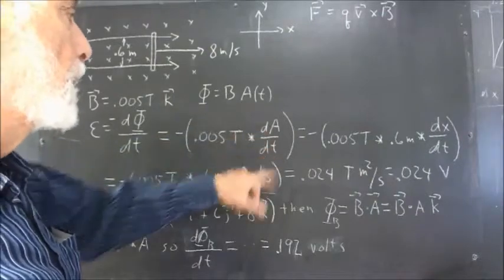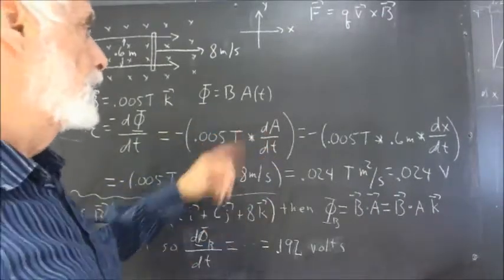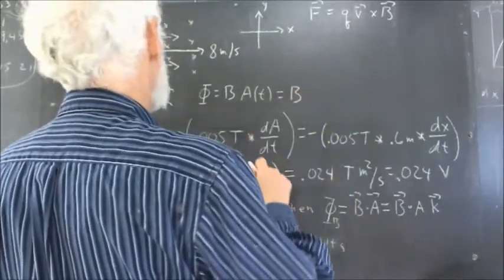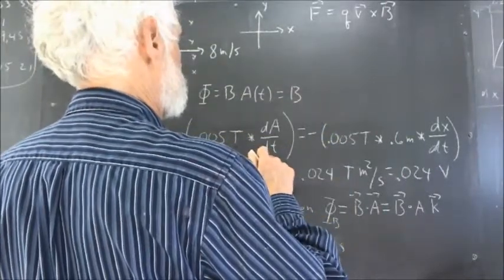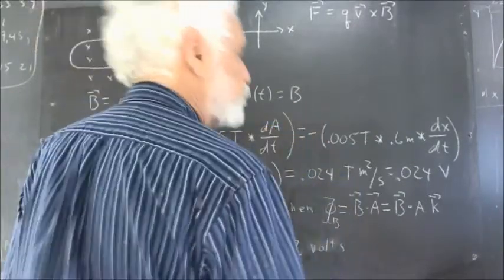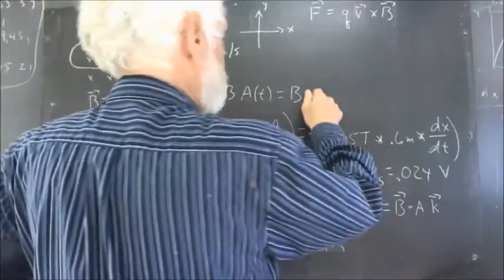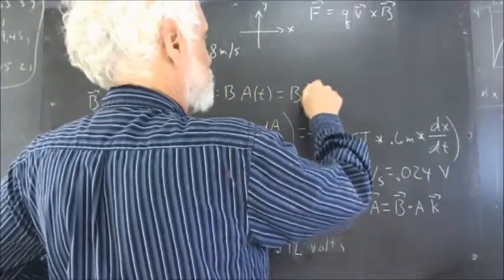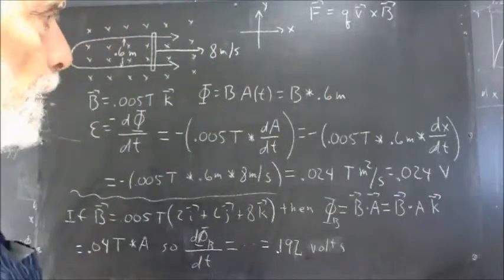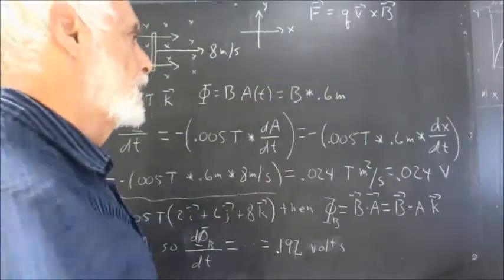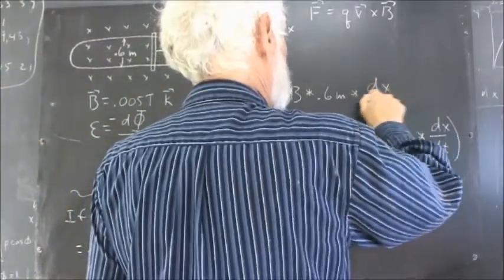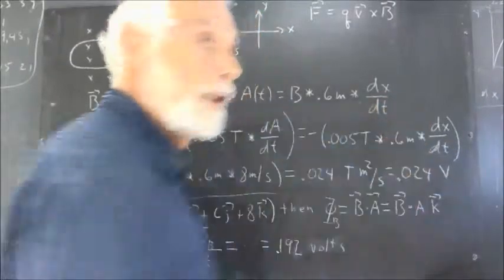What's the derivative of the area? Well, first of all, I'm not writing a function necessarily for the area, but relative to some point, the area is going to be 0.6 meters times dx dt.